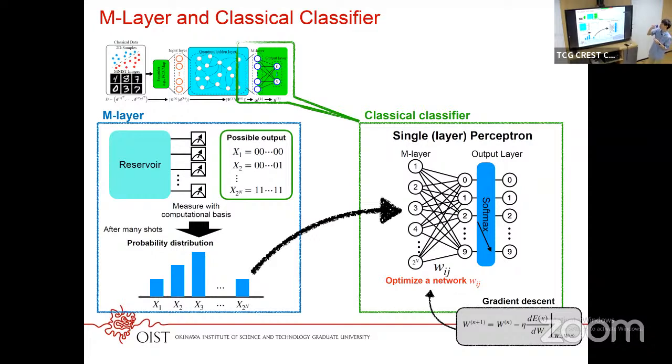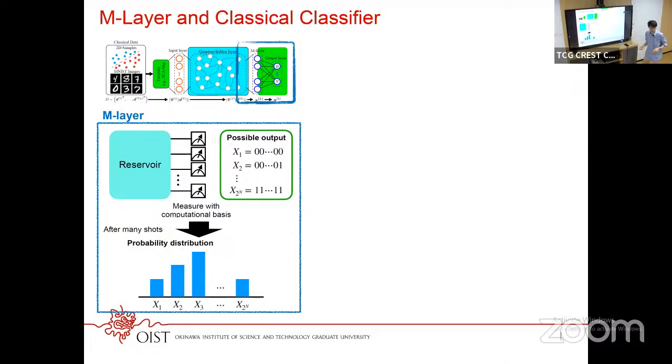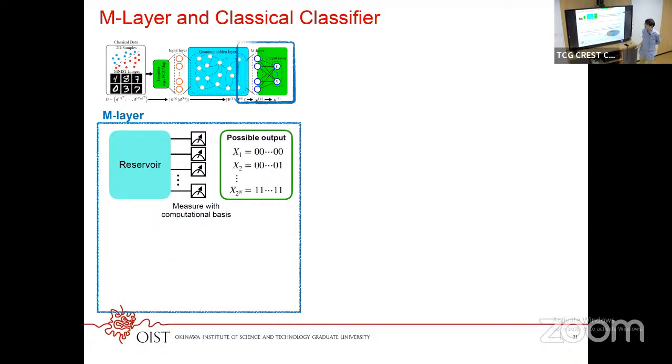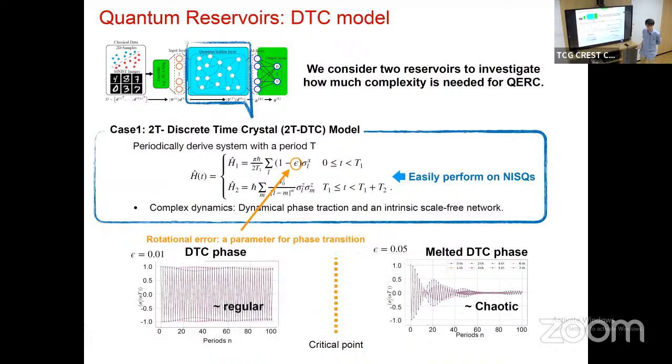I see. So it's classifying the input data. You've encoded your amplitudes. The input information is encoded as amplitudes, right? Amplitudes of the spin. Yes, yes. And that undergoes some dynamics, and then you're measuring the state after a certain time period, and then you're trying to use a classical classifier to separate out the data.